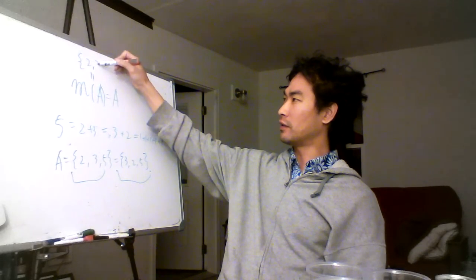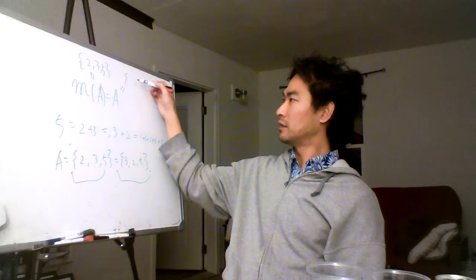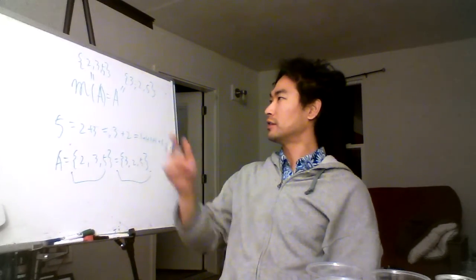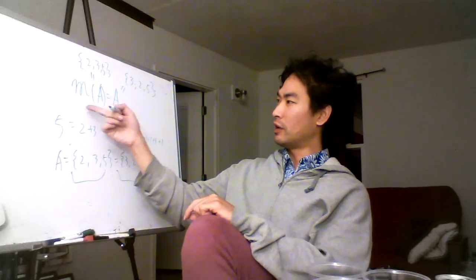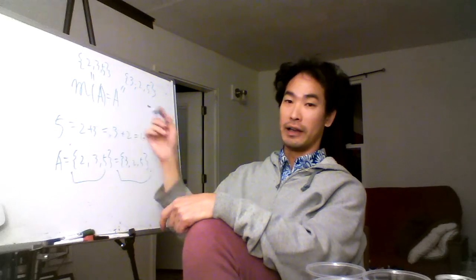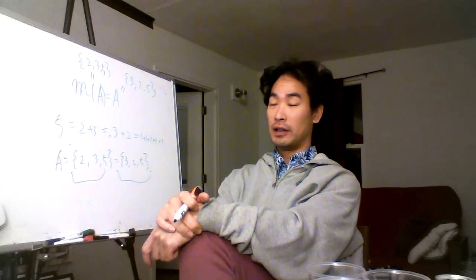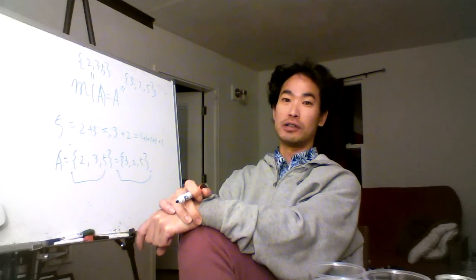m of A is A in the lexicographical order of this set. This A is not a well-ordered set, so for lexicographical ordering we can name this function L of A, L for lexicographical ordering, or W, for well-ordered set.